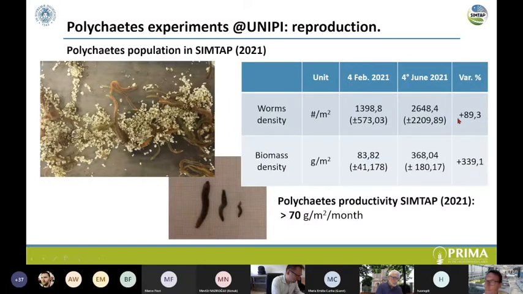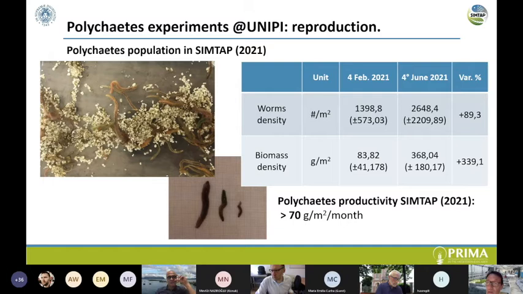And in our experiments, the density rose by two times fold, and now we are up to 3 or 4 times fold because this is 1 month before now, and we are roughly around 4,000 polychaetes per square meter.